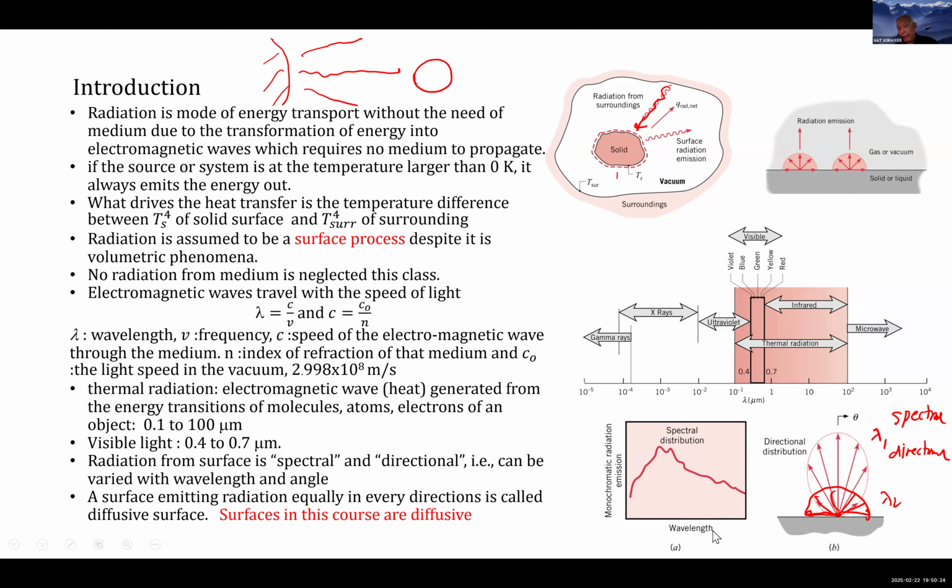It can vary. This is the evidence of radiation being spectral. And this is an example of this point on the surface being directional.